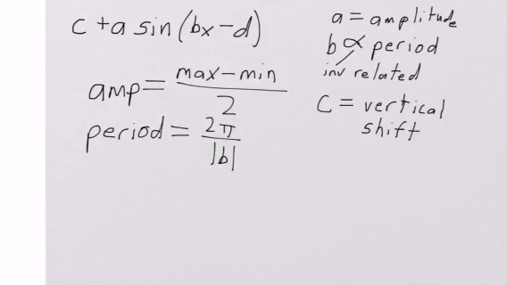So for that reason, we use minus d in our formula rather than plus d, so that when we put a positive number in for D, it's shifting to the right. But D is going to deal with our horizontal shift.